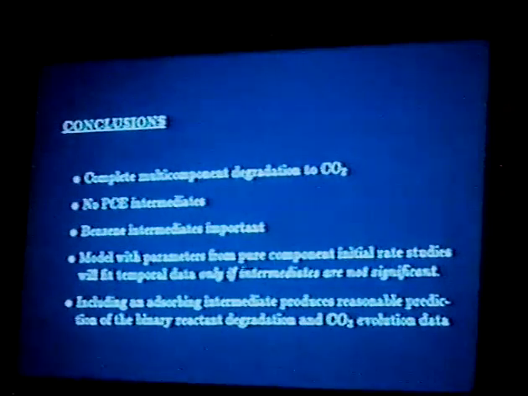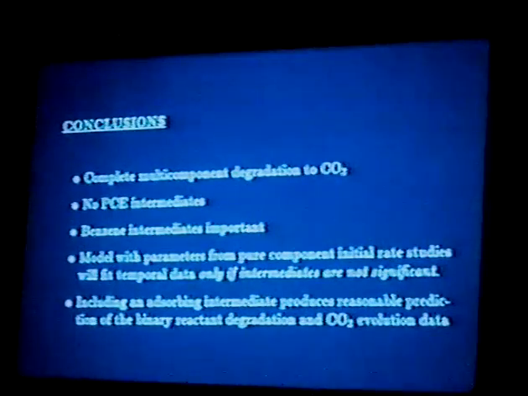The initial rate model was not able to predict degradation rates when intermediates were present. The only time that the initial rate model predicted temporal data well was when no intermediates were around. The only data we had for that was the single component PCE runs. And in these cases, we did get good correlation between the model predictions and the experimental data.